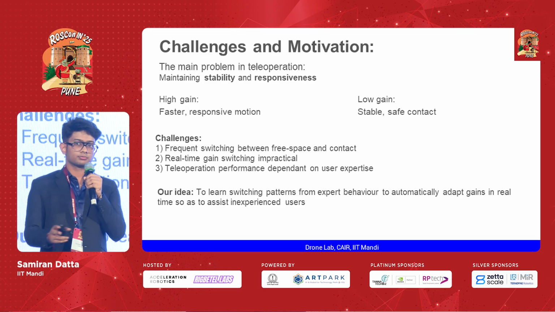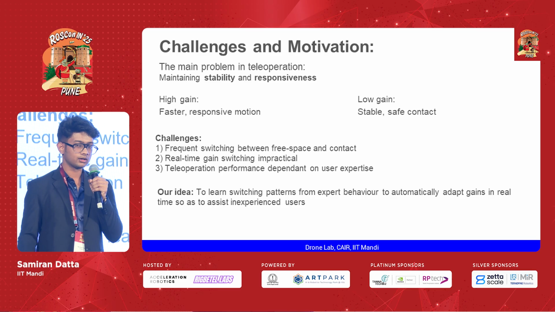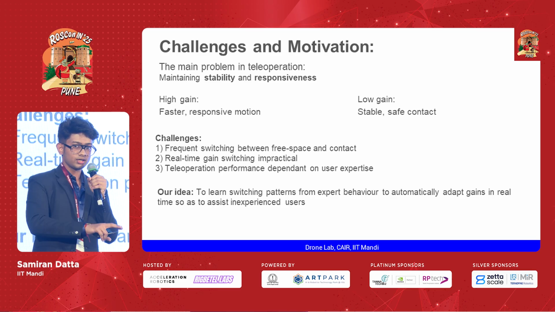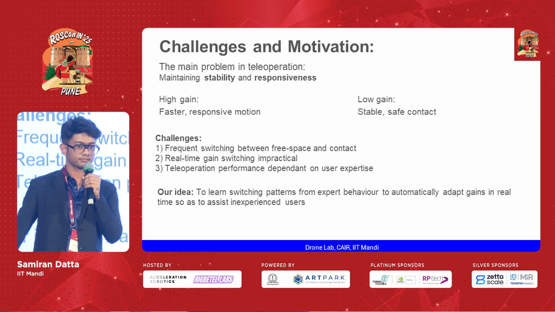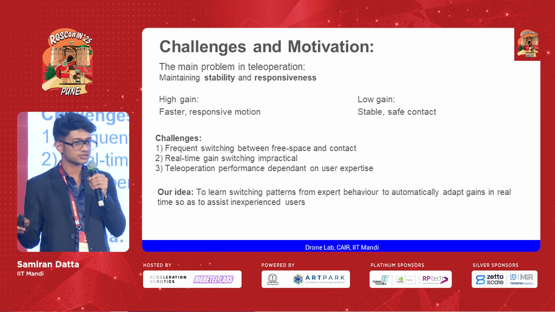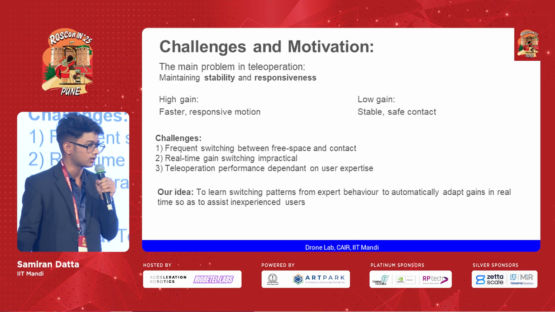Now, when we talk about a proportional derivative controller, the way we tune our KP, KD gains, we can either keep them low or keep them high. Both of these classes, low and high gains, come with their own advantages and disadvantages.